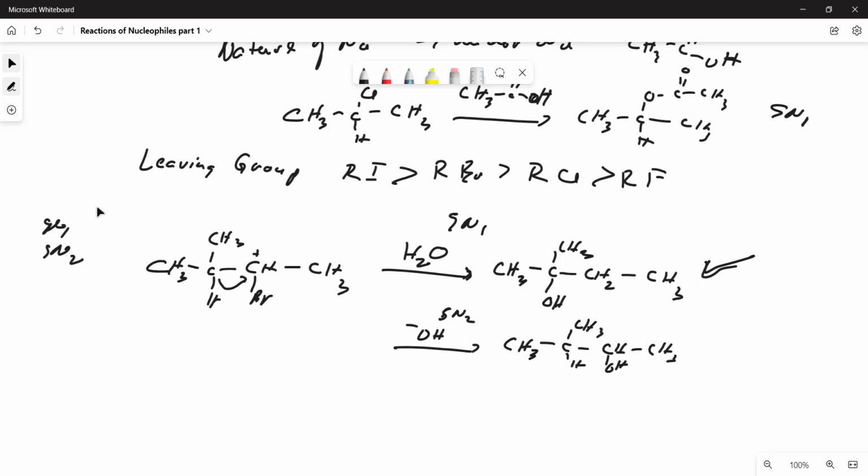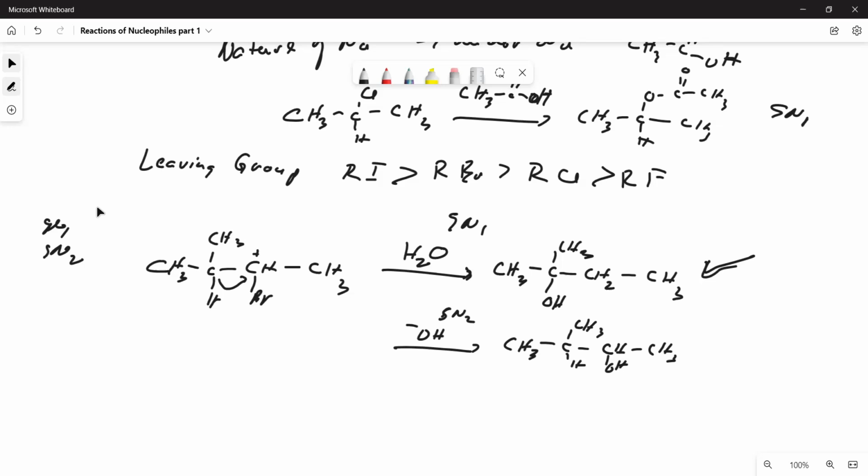Primary, usually SN2. Tertiary, SN1. But for primary, you have to be very careful with allyl and benzyl because they can also undergo SN2 and SN1, no? So depending on the condition, especially the nature of the nucleophile, will it favor SN2 or SN1 reaction?